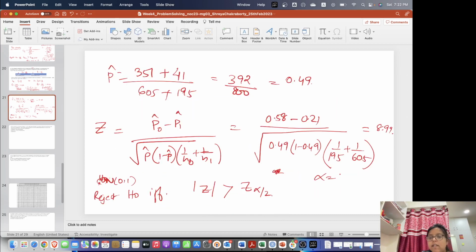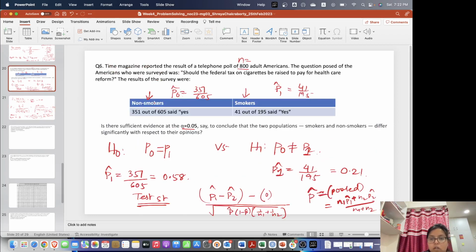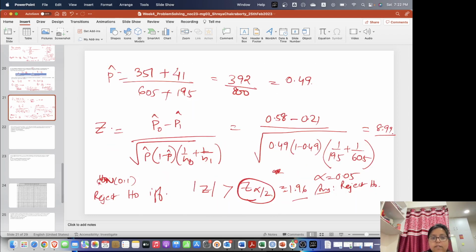Here alpha is 0.05, so this value is 1.96. Since this one is greater than 1.96, we reject H0. And what will we conclude? That they differ.